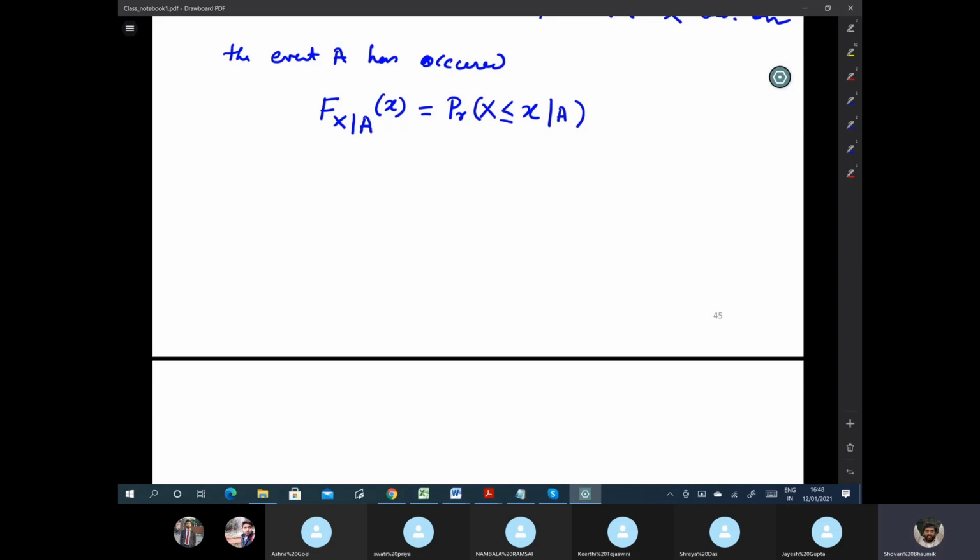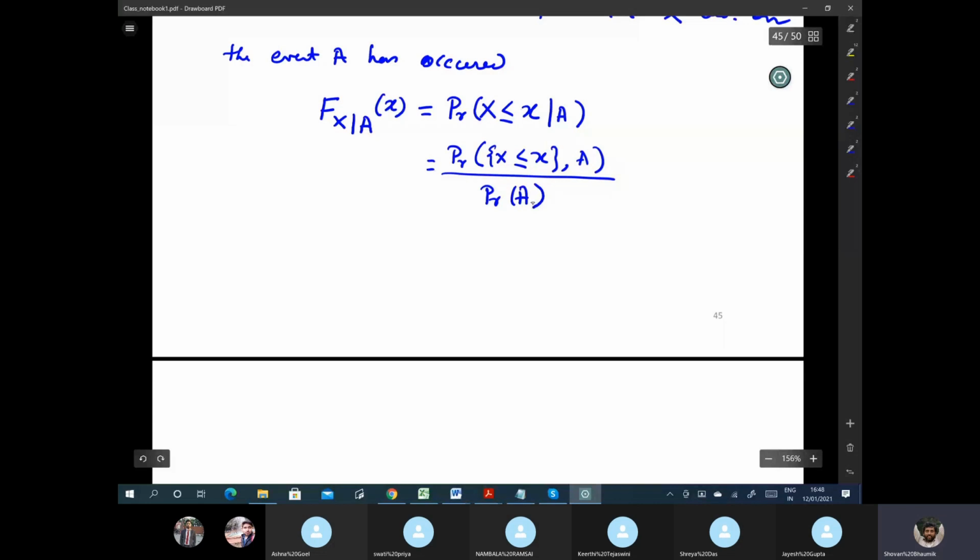That means it will be equal to the joint probability P of the event X less than or equal to small x, comma A, divided by probability of A.